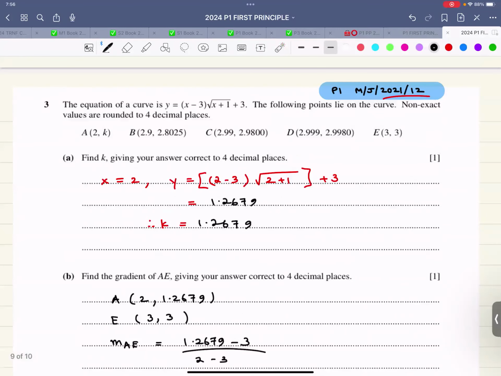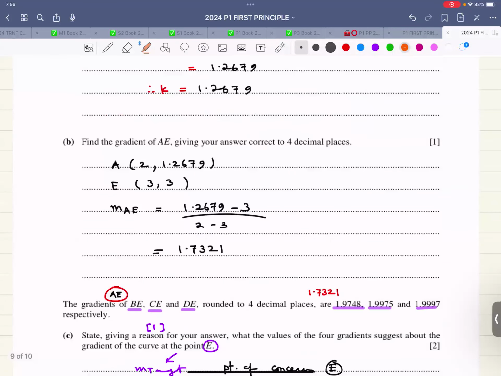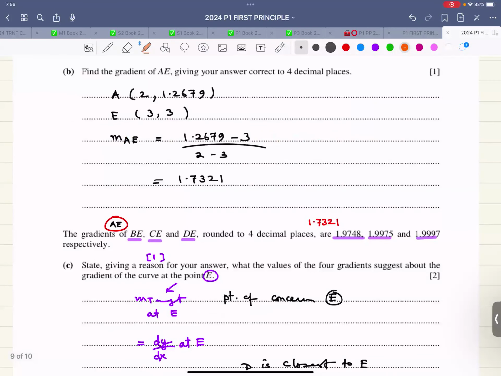Now look at the different values. So let me start underlining it. So this is A, and then this is B, and then this is C, and then this is D, and E is our standard. We are calculating the gradient with respect to E because it's asking the gradients rounded off to 4 decimal places are such and such.